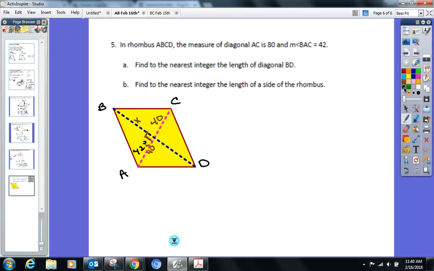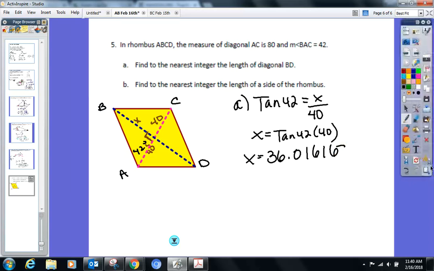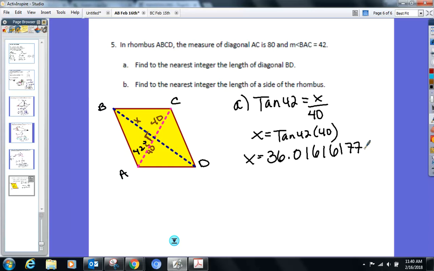I'm going to let you decide which ratio is the correct one to use. Nice job.